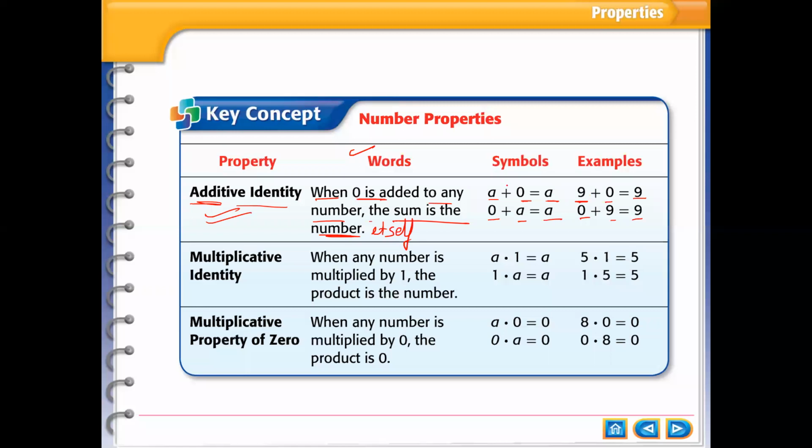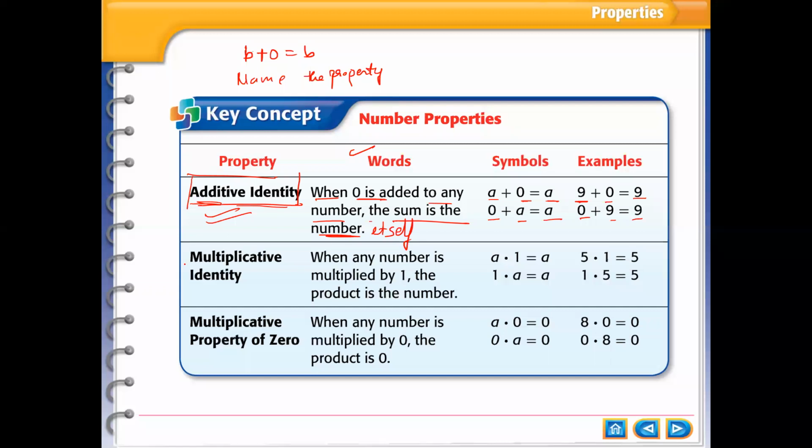Whenever we are adding 0 with any number, I will get the same number. For example, B plus 0 is equal to B, and if the question says name the property, you have to write this is additive identity property.